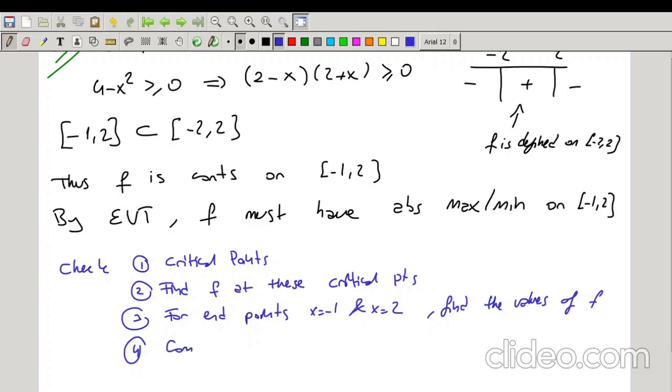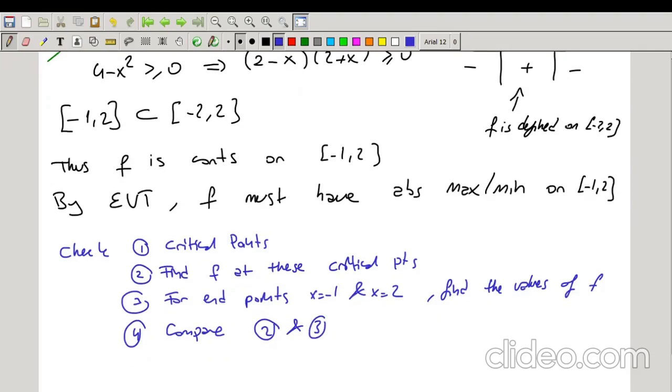Then compare the values of f to decide which is the maximum and which is the minimum. Okay, we can first start by checking the first case, critical points.